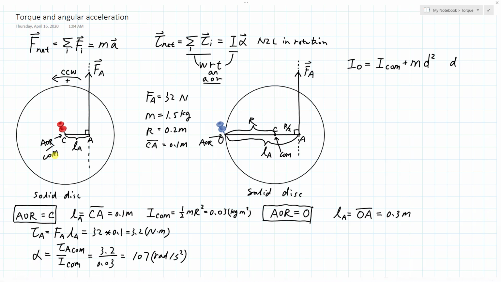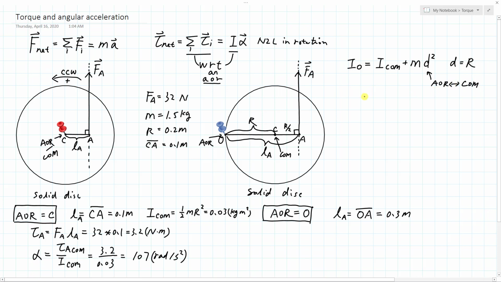You can calculate it with a formula. And an axis of rotation is just a mathematical construct. You can pick it anywhere you want. You just have to stick with your choice. So the distance is equal to R, between the axis of rotation and the center of mass.